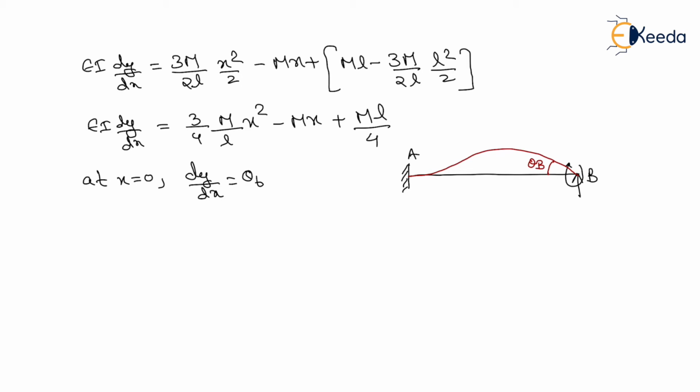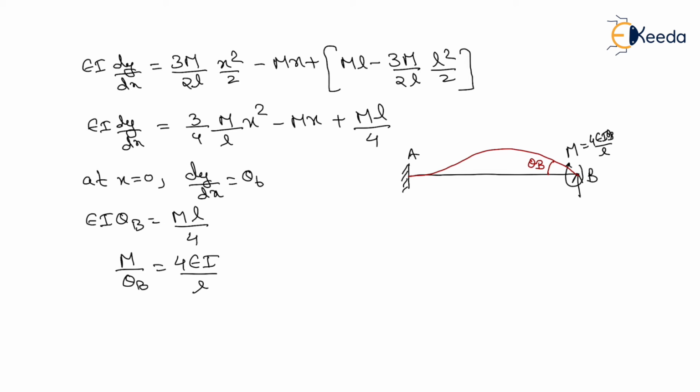Now if we put the condition, that is x equals to 0 and dy by dx equals to theta b in the above equation, we will get EI theta b is equals to ML by 4. Now if we rearrange this equation, we will get M by theta b is equals to 4 EI by L. That is the value of moment that will be applied at this joint, that is 4 EI theta b upon L.